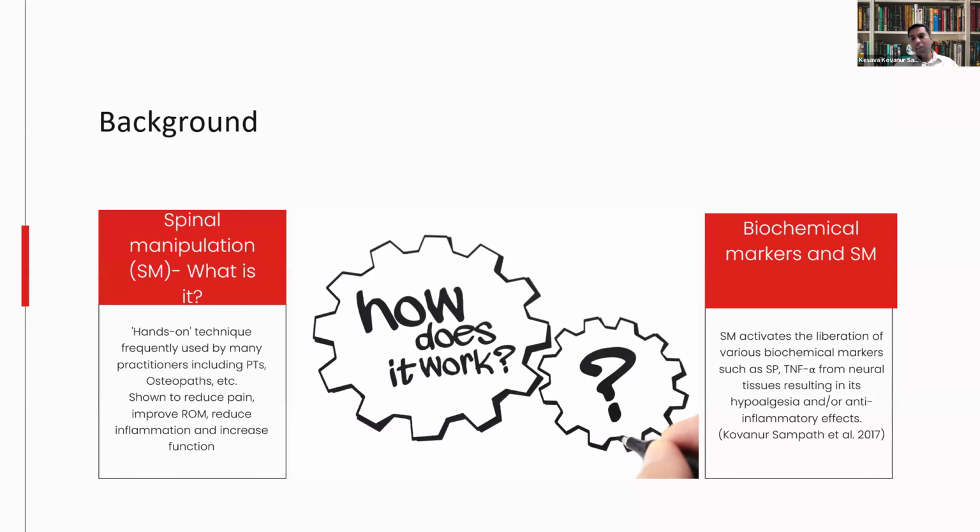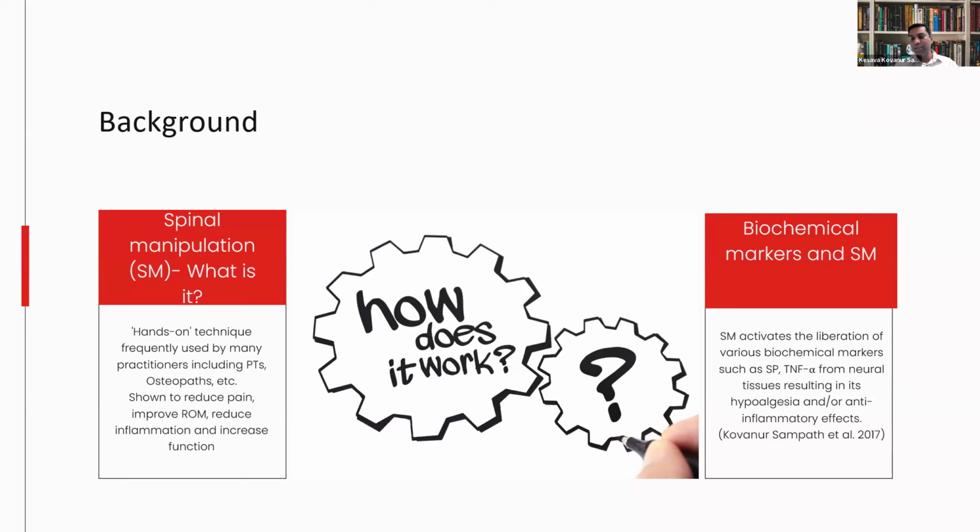I think almost all of us here are interested in the question of why spinal manipulation is working. That's been my main research area in the last 8 years. I'm interested in knowing how things work. This started my PhD journey back in 2016, where I did a systematic review.